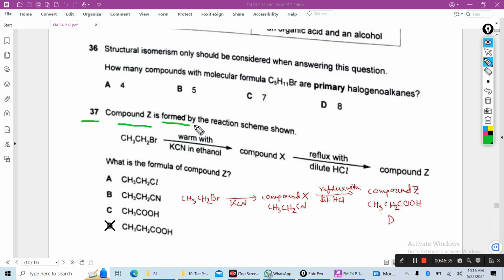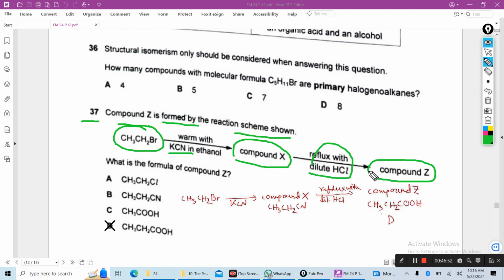Compound Z is formed by the reaction scheme shown. Bromoethane reacts with potassium cyanide to form 3-carbon propanenitrile, or cyanoethane. Then reflux with hydrochloric acid, and compound Z will be propanoic acid. Which is the formula of Z?